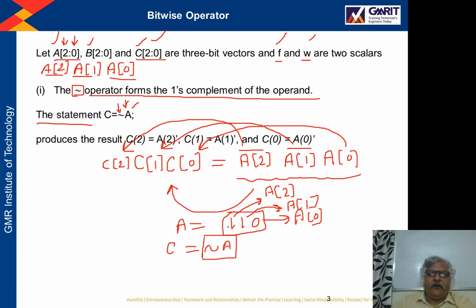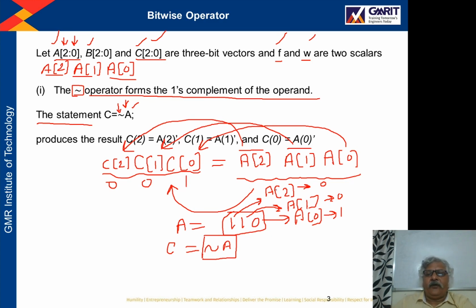So after the complement, what will be the result? A2 will become 0, A1 will become 0, and A0 will become 1, right? So C2 will have 0, C1 will have 0, and C0 will have 1, right?